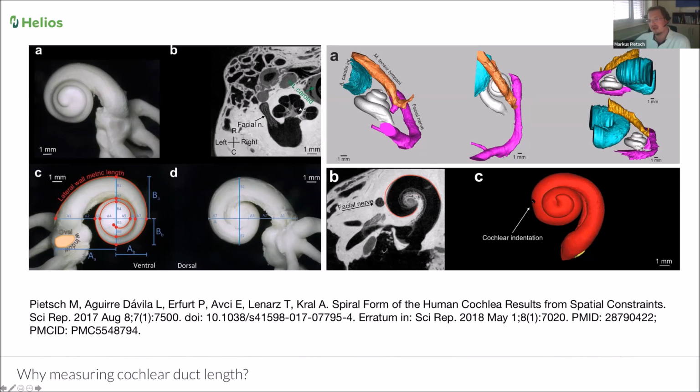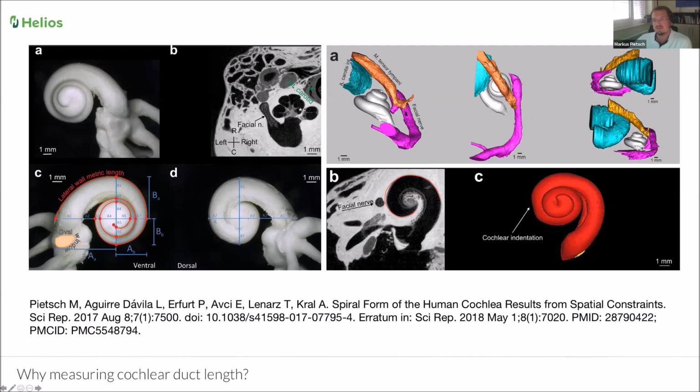For example, cochlear indentations, for example, at this place where the facial nerve passes the basal turn of the cochlea, and this gave us the possibility to state that the spiral form of the human cochlea results from spatial constraints.